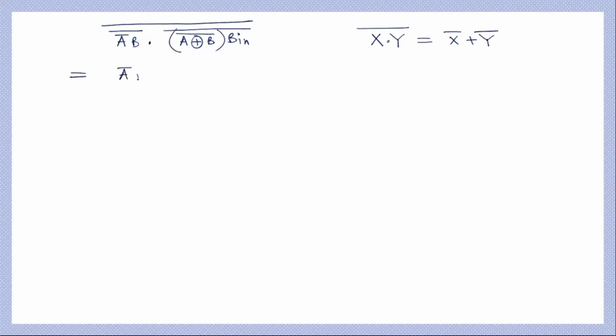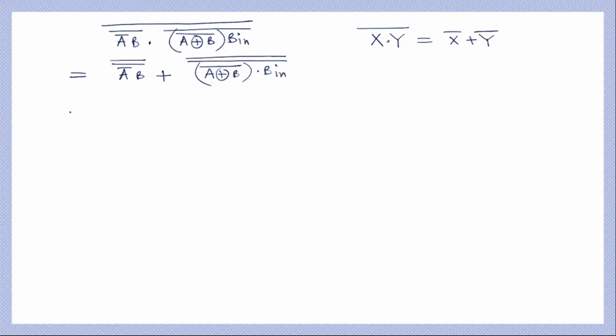It will be A complement B, then we already had one complement, and by De Morgan's law there will be another complement, then we will have plus, then A XOR B and then complement, with that we had BIN, and then we had one complement, and because of De Morgan's law we will have another complement on that.